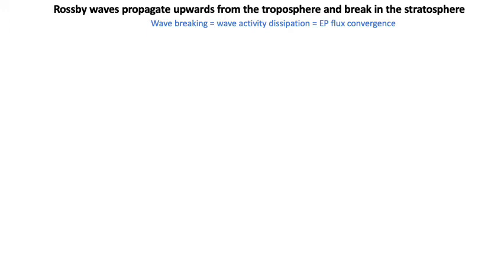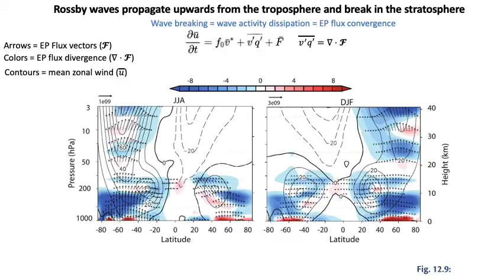So we can go back to thinking about our EP fluxes and actually go back to our diagram that we brought up before. So first we'll just put up the mean zonal wind equation for the transformed Eulerian mean formulation, where we have our EP fluxes, our eddy PV fluxes, v prime q prime bar.